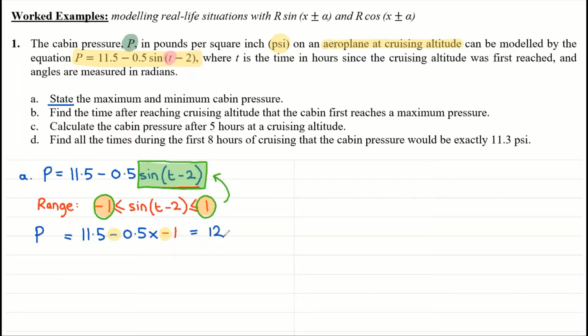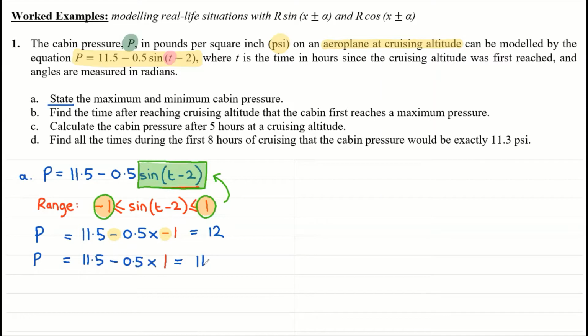And excuse me, the next value we sub in is obviously going to be 1. So that's going to be 11.5 subtract 0.5 multiplied by this time 1. All right, and if we plug that in, that's going to be 11.5 subtract 0.5, which is just 11.